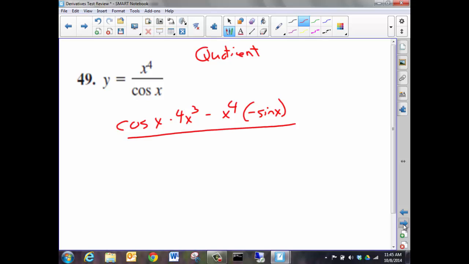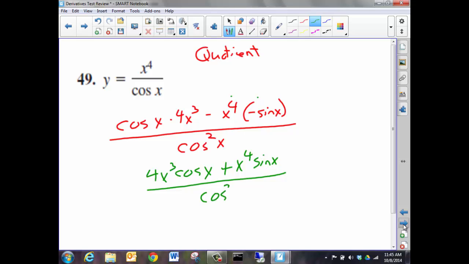A mistake I see you doing here is forgetting to put that minus sign in parentheses, and then when you come back and look at it, you think it's this minus x to the 4th minus sine x. That's not what it is. These two things are being multiplied together, so we should wind up with 4x cubed cosine x plus x to the 4th sine x, all over cos squared x. You have to be careful there that you don't mess that up. Easy to make that mistake if you don't put the parentheses there.